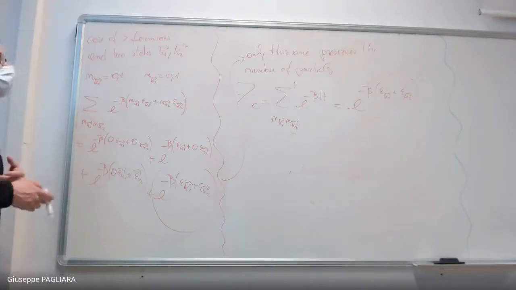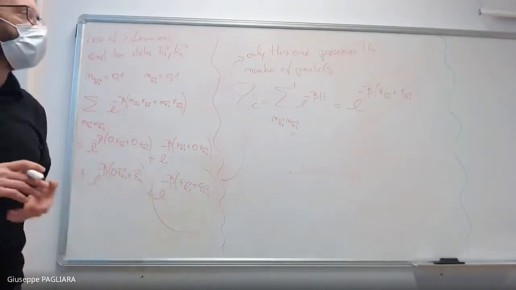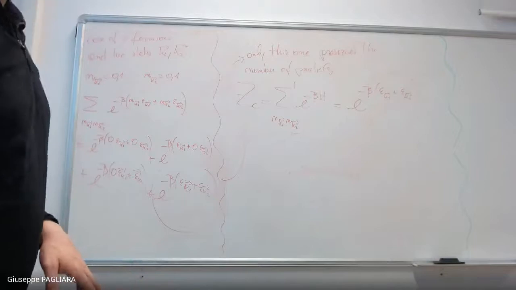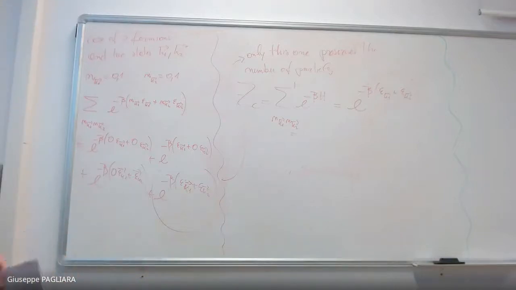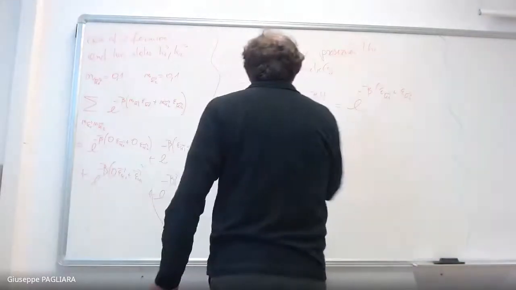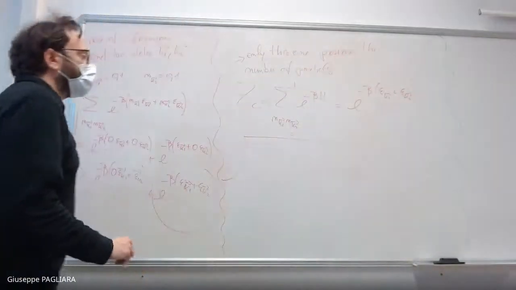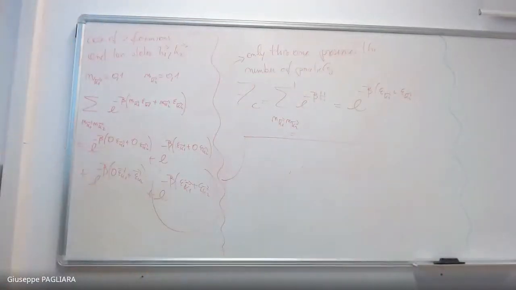So very complicated combinatorial calculations that we are not even trying to solve. But actually what we do, and here is the grand canonical ensemble magic, is use the grand canonical ensemble in order to remove the constraint of the conservation of the number of particles.